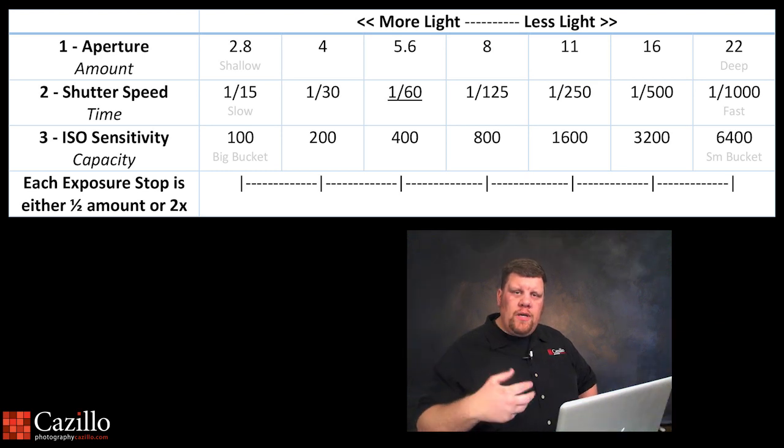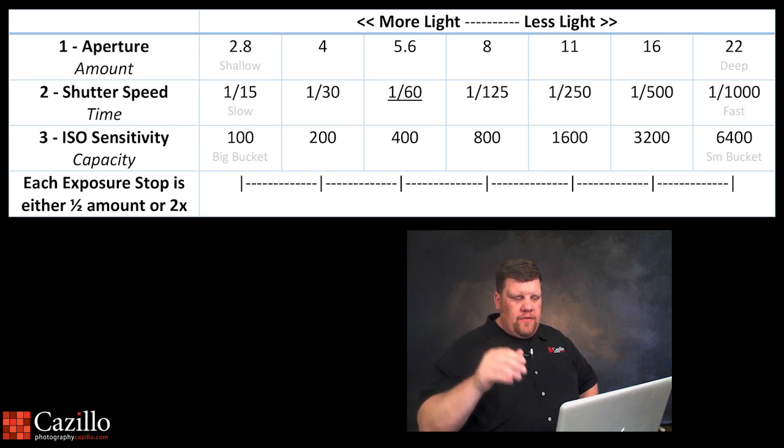One more point that I wanted to make about this is that you'll see that 1/60th of a second is underlined. That's kind of your bottom level to make sure that your photos are still sharp and don't have any camera blur. It's not necessarily a focus thing.